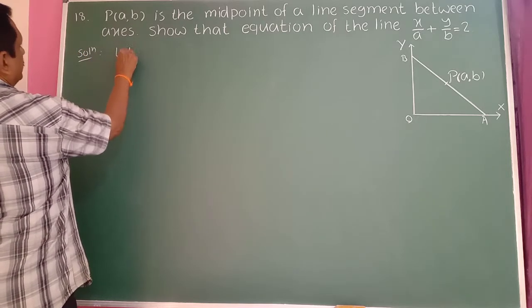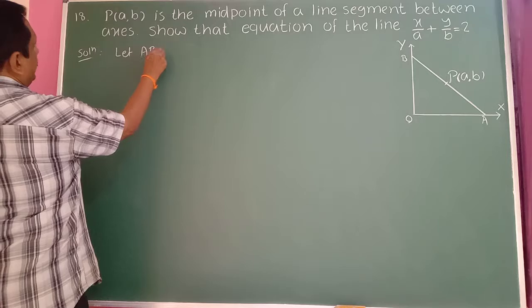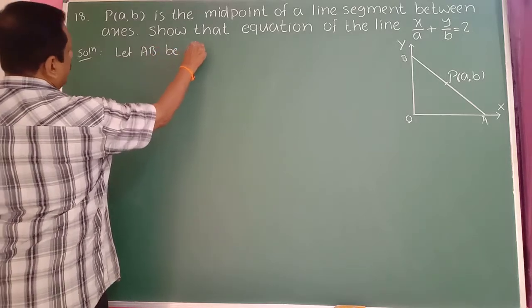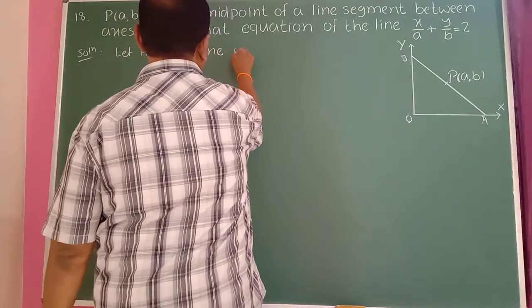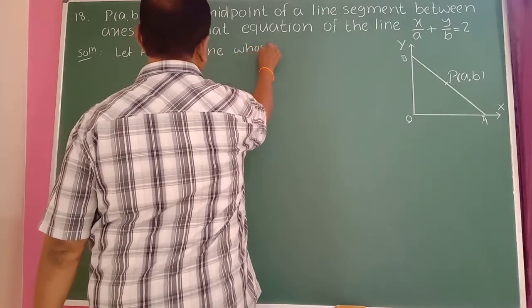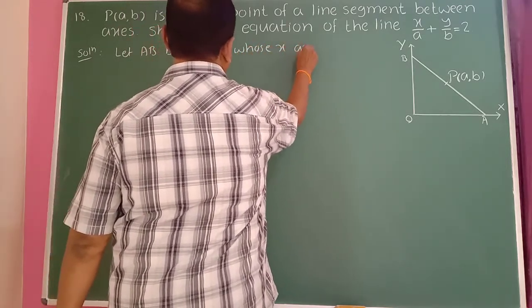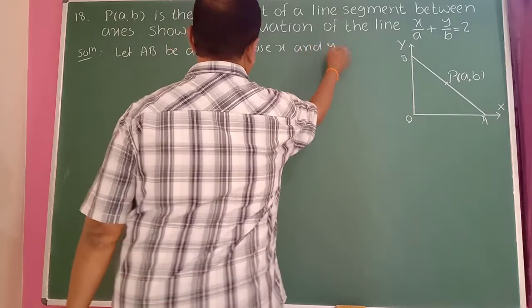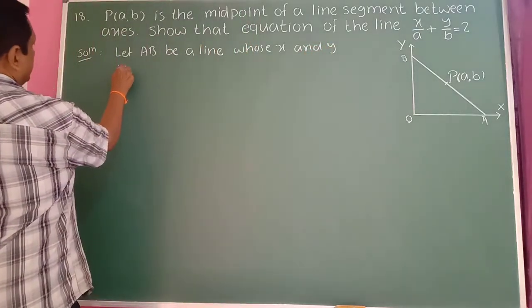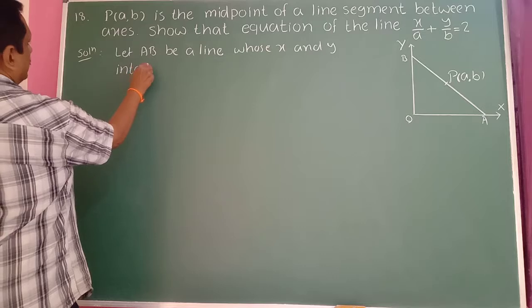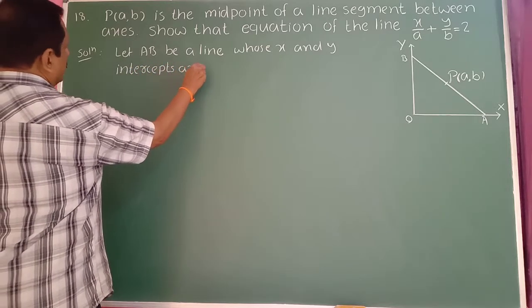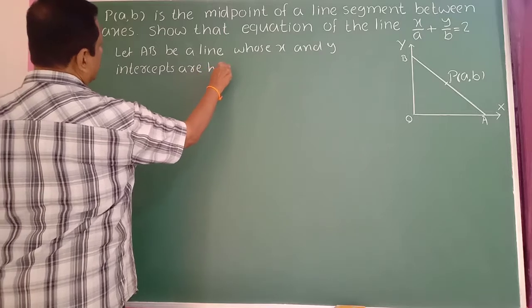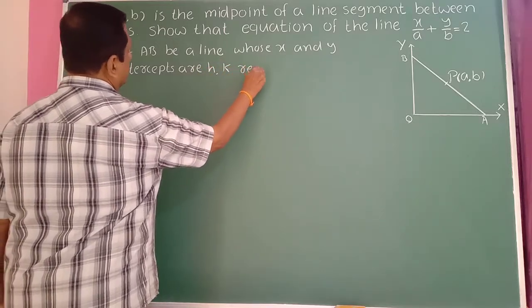Let AB be a line whose x and y intercepts are h, k respectively.